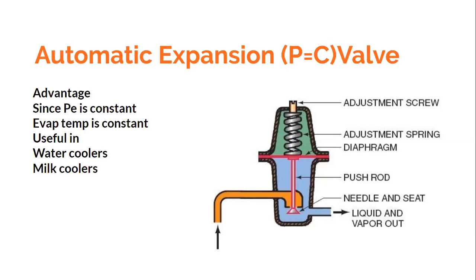So in that case, this kind of valve becomes handy. It does not allow the evaporator pressure to change, so the evaporator temperature will not change. If the evaporator temperature is maintained above the freezing point of water, then the water coolers would function appropriately. So this is an advantage, and that is why automatic expansion valves are useful in water coolers and milk coolers.